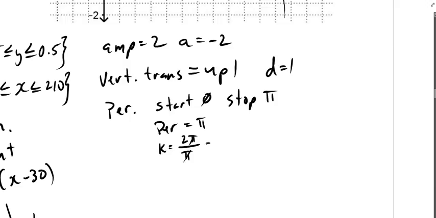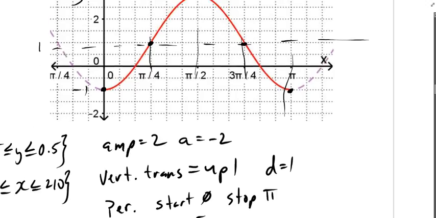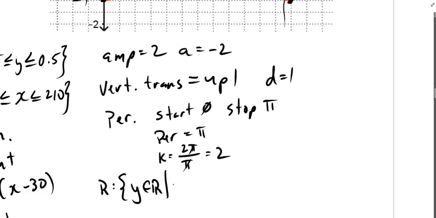The pi's cancel, and it's just 2. That should always happen. Our K value is typically a fraction or a number. It doesn't have a pi in it. What's next? Range. We already talked about this: from -1 to 3.